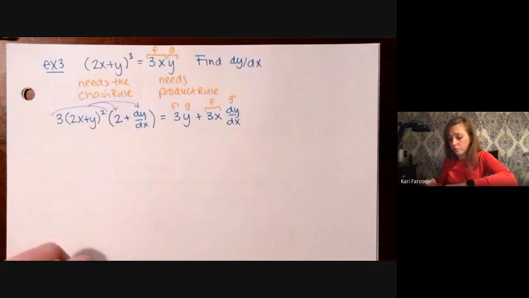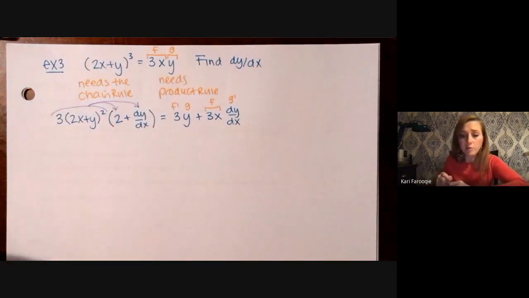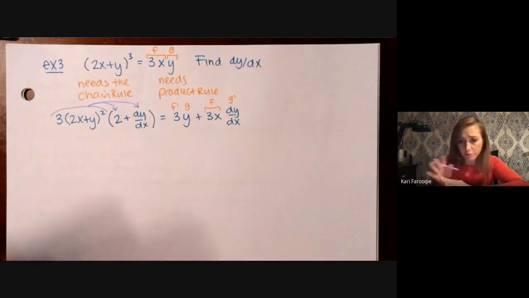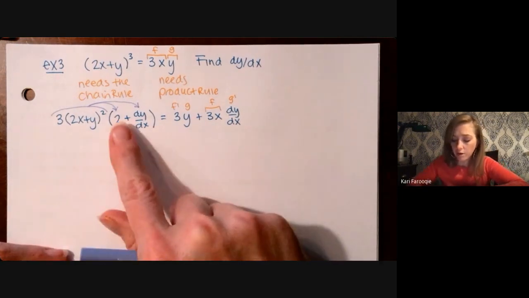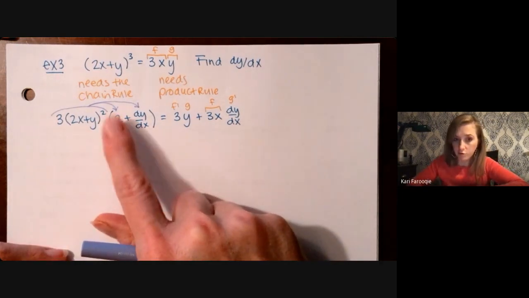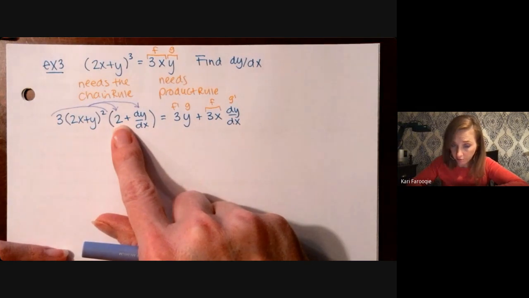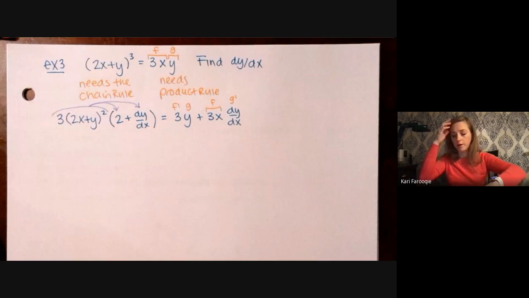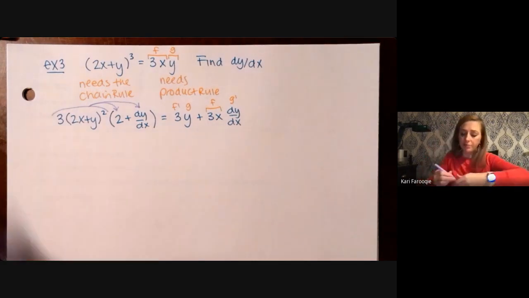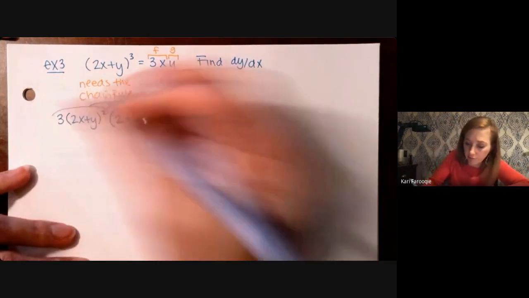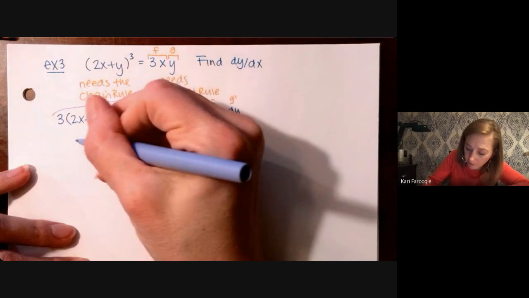Now I have to do that, otherwise I'm not going to be able to get all the dy dx terms on the left and all the non-dy dx's on the right, or vice versa. It doesn't matter which side you put them on. Somehow I need to get rid of this 2 too. It's a non-dy dx. It cannot stay. So we're going to have to just distribute here so that we can get all the non-dy dx's away.